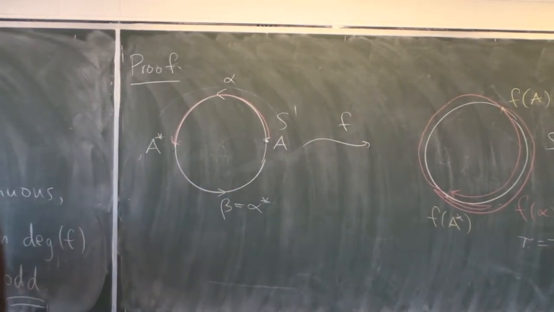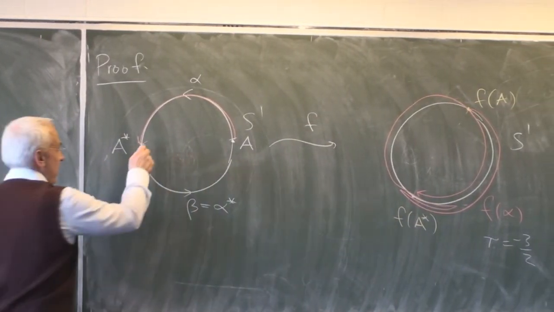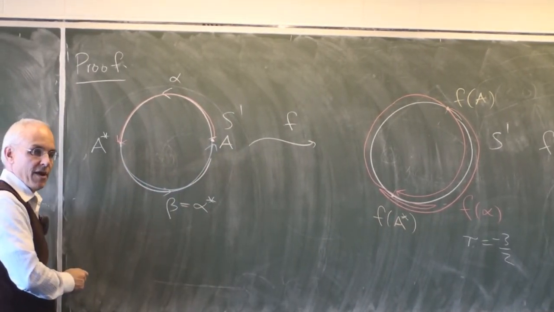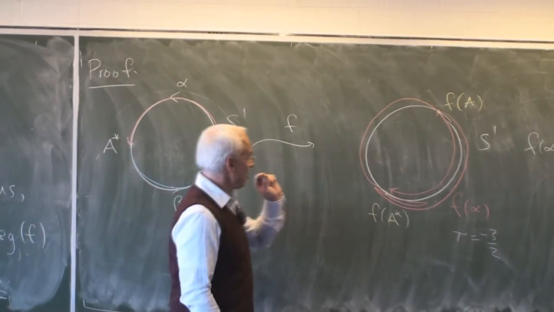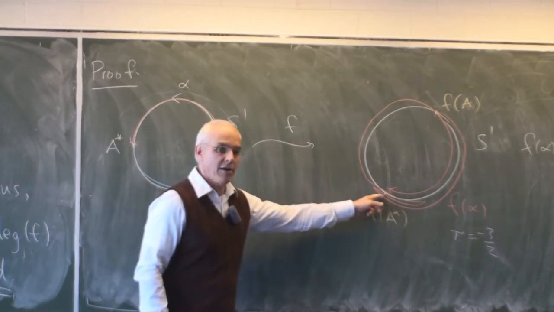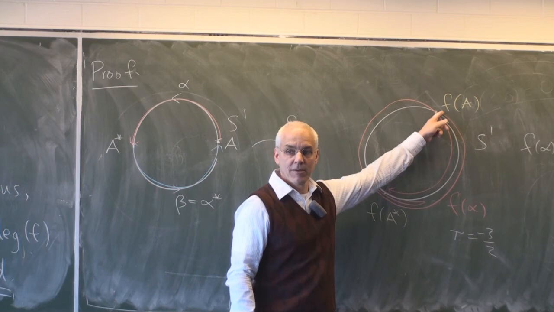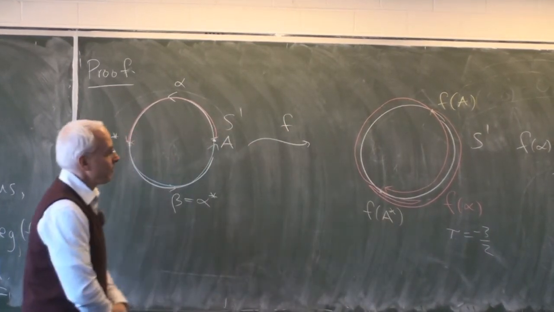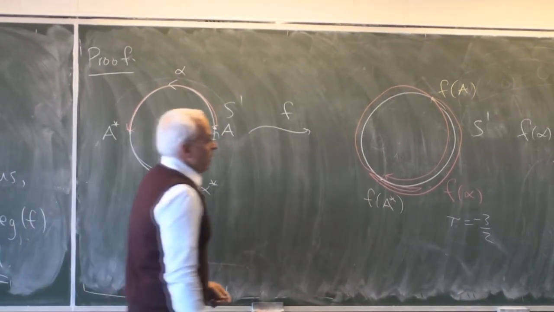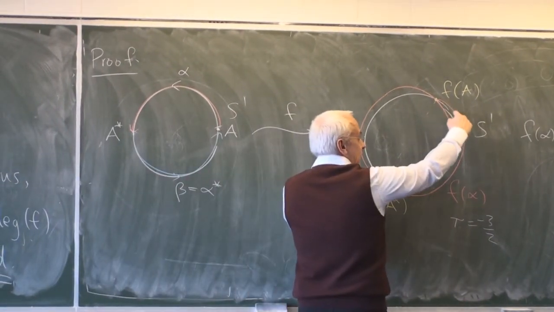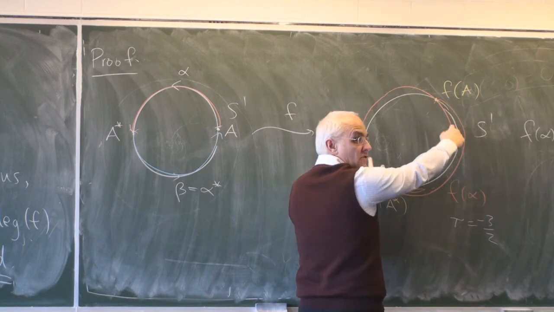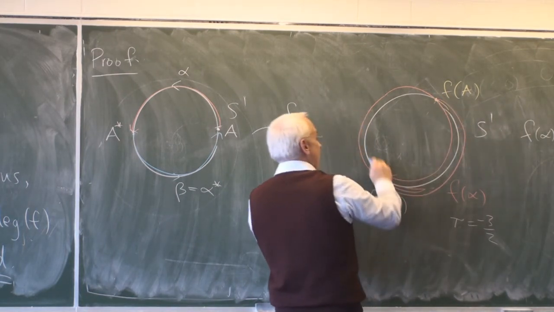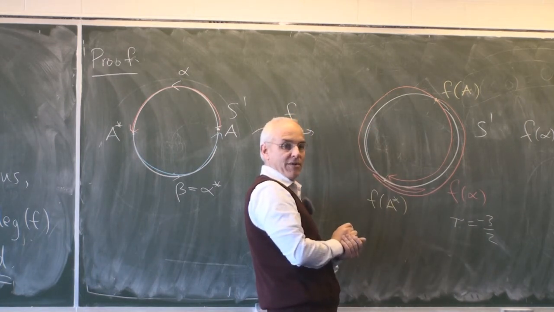Now let's have a look at the image of beta from here to here. What's going to happen to that? Well, that's going to start at f of A star, and it's going to end up there. And what does that do? Well, as alpha went in this direction, beta has always got to be antipodal to it. So as alpha was going in this direction, beta had to head in this direction.